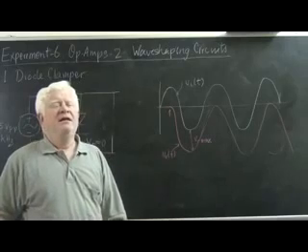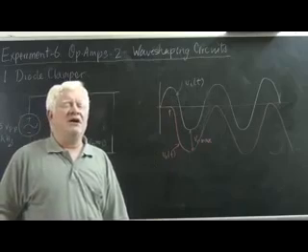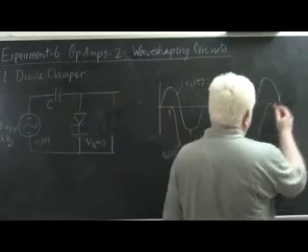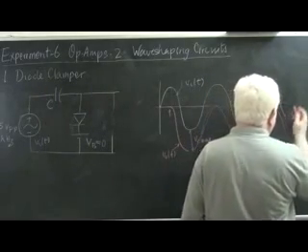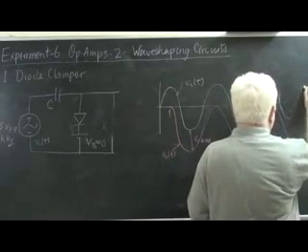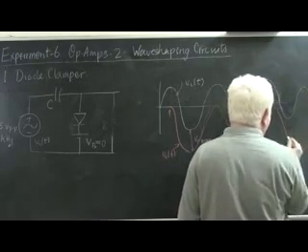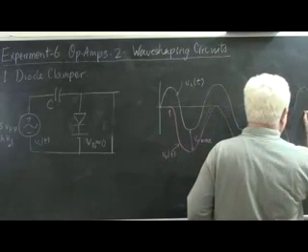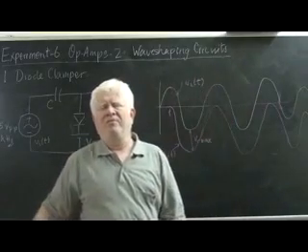Even if we did that, the input supply voltage would come down, but the capacitor would retain the charge that it accumulated earlier, and so if the input voltage went down to, let's say, something like this, the output would remain below the input voltage by the same amount as before. Like this. This is not what we want.